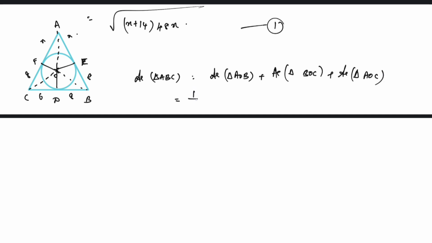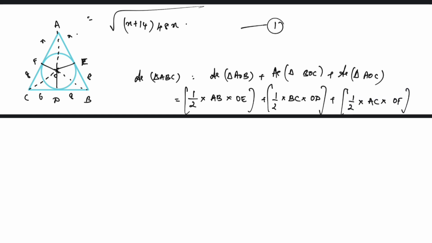Expanding them, half into base of triangle AOB, which is AB, into height OE, plus half of base of triangle BOC, which is BC, and the height is radius OD. Similarly, area of triangle AOC is half into base AC into height OF. Substituting their values, half into AB is x plus 8 into OE is radius. Radius is given as 4 centimeter.